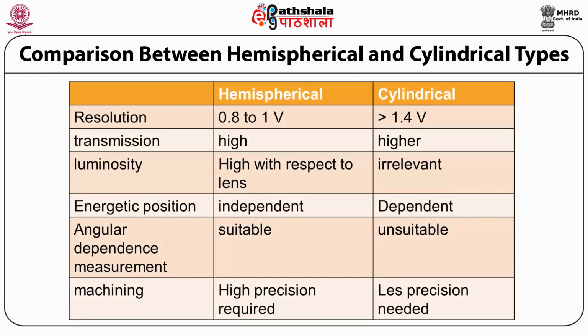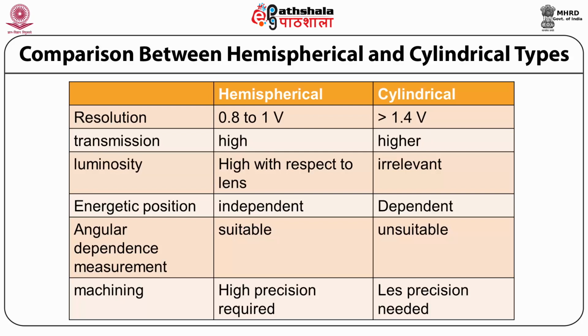Now let's talk about the comparison between hemispherical and cylindrical types of analyzers. In hemispherical, resolution is 0.8 to 1 volt, while in cylindrical it is greater than 1.4 volt. In hemispherical, transmission is high, and in cylindrical it is higher.